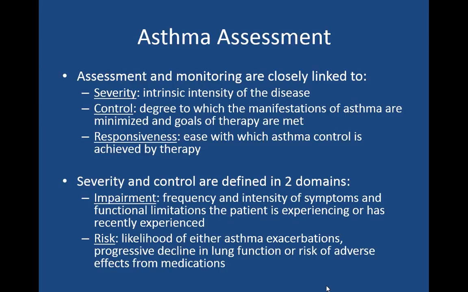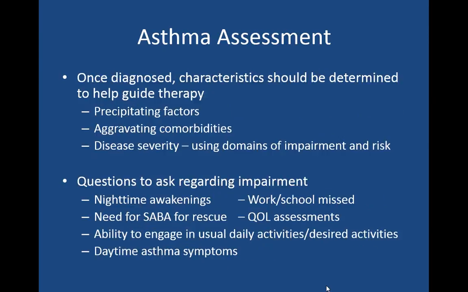So the impairment, the severity of your asthma, how much does that impair your daily life or impair your ability to live a normal life? And then your risk relates to things like adverse effects from medications or even the risk of dying from exacerbations. So you'll hear those terms a lot. So that's just there to help clarify that for you.